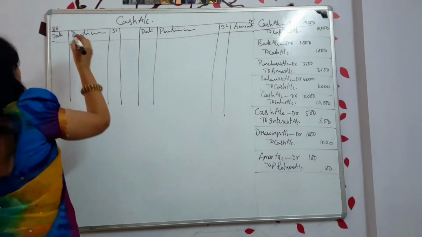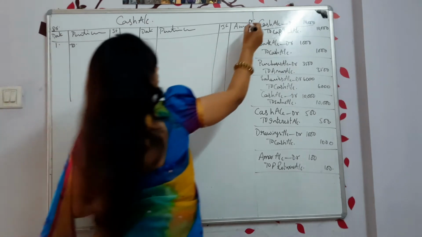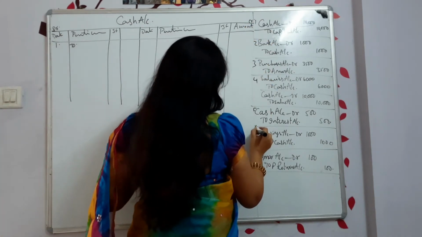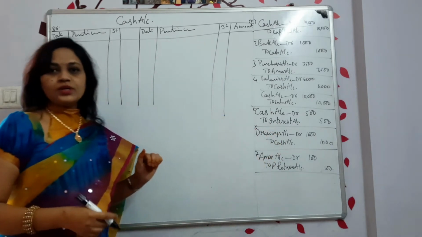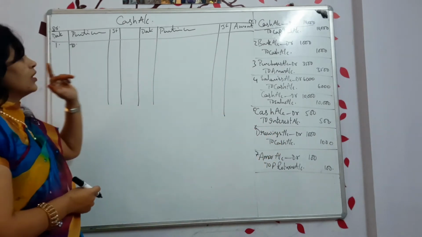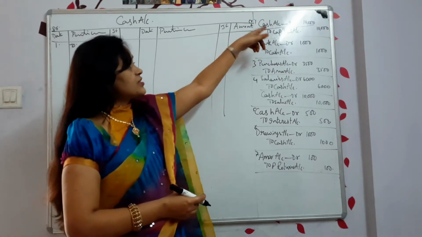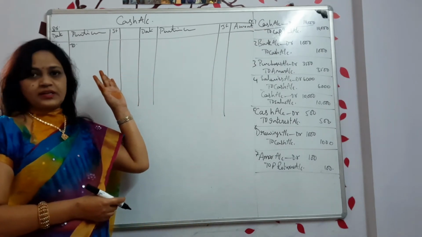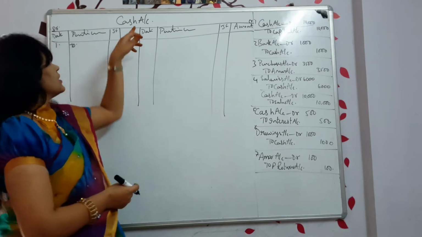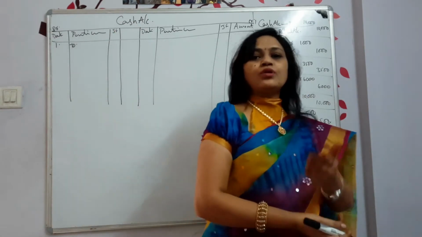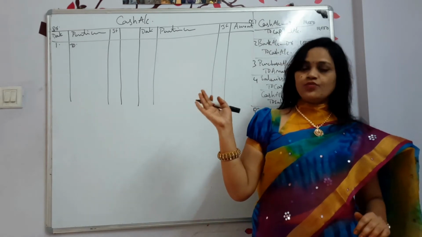To. Date is not there, so I call it as 1. What shall I write? If I write cash, in the cash account again I am writing cash. So when I am going to cross check, whenever you want, you can cross check.